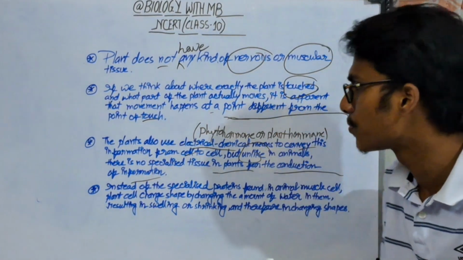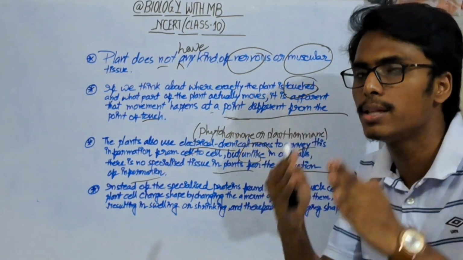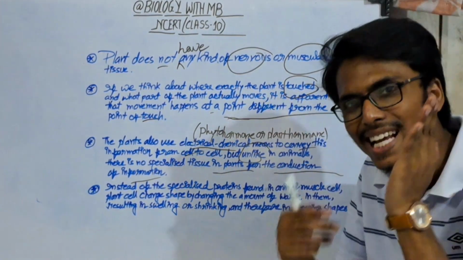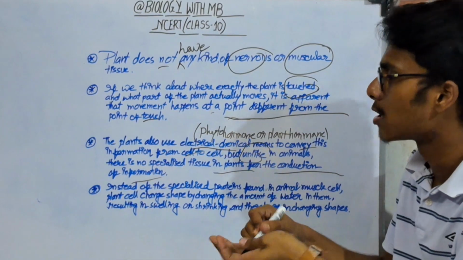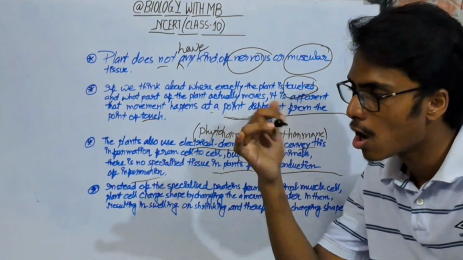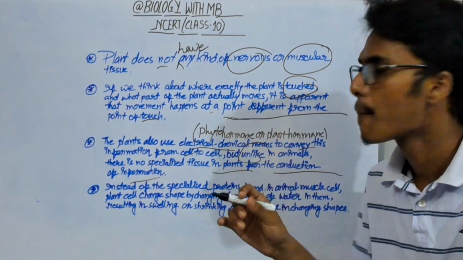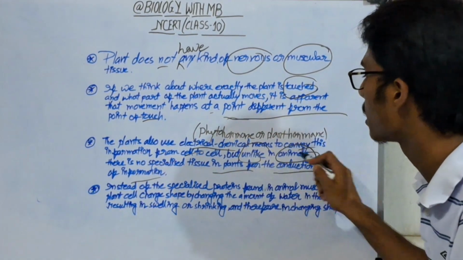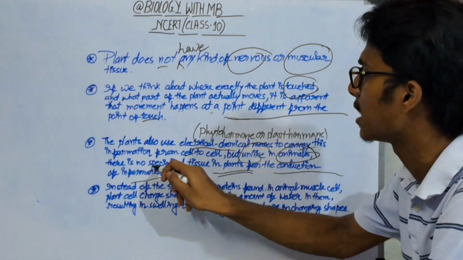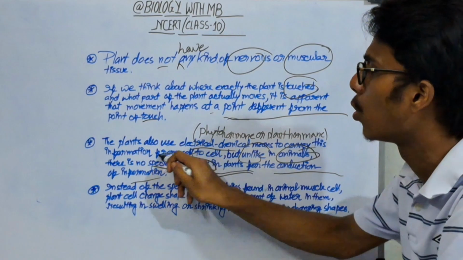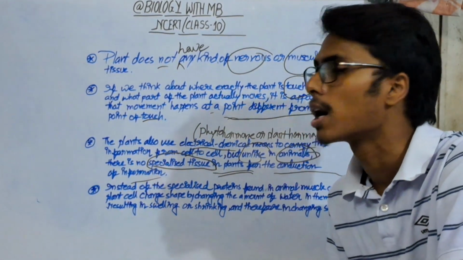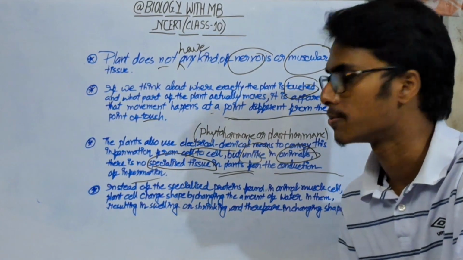Animals have specialized tissue for the conduction of information. Conduction means electrical changes going from cell to cell, that animals have, but plants don't. Plants don't have any specialized tissue, so the plant cannot show the conduction of information.